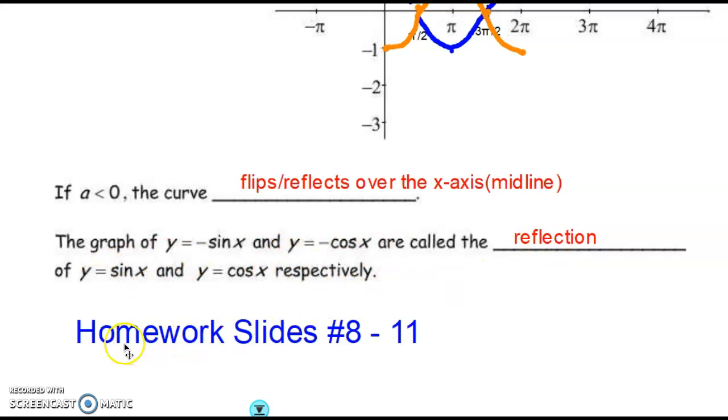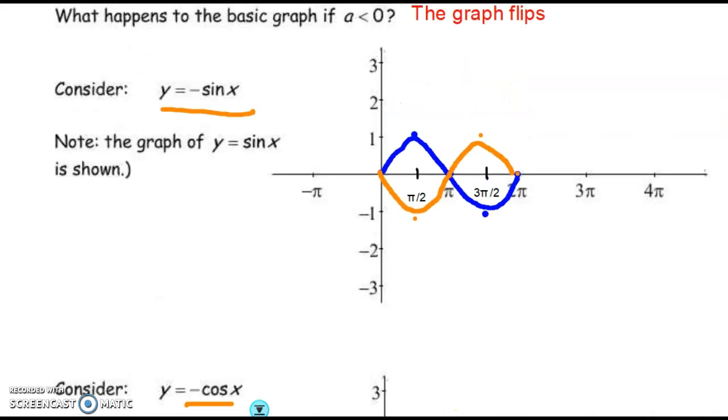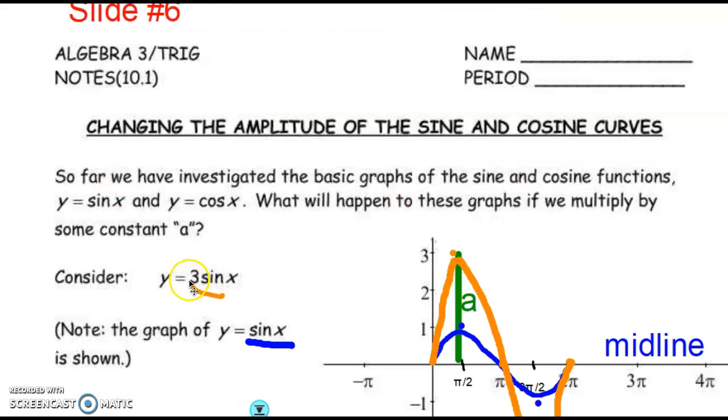Now, tonight's homework will be slides 8 through 11. We're going to start out easy and then get a little more complicated. So just remember, your opposite sign in front flips the graph. I'll try to use your lingo and keep life easy. It's going to flip the graph, and then you have to worry about the amplitude.